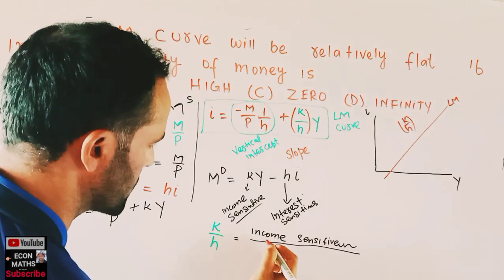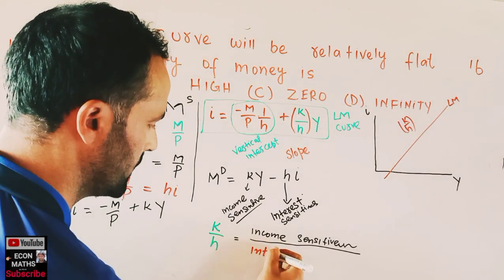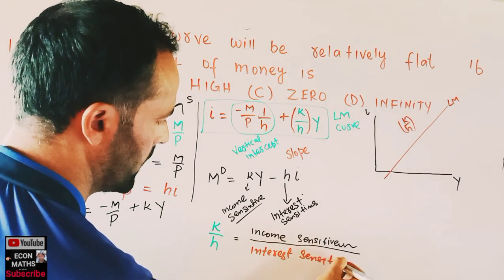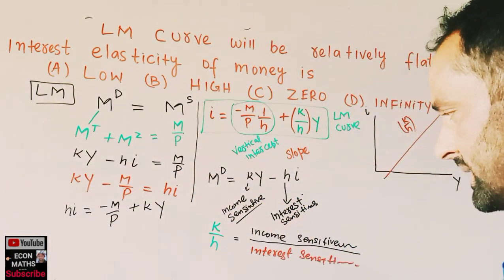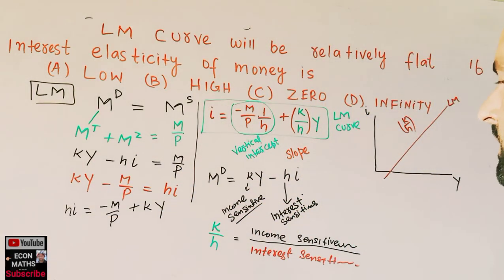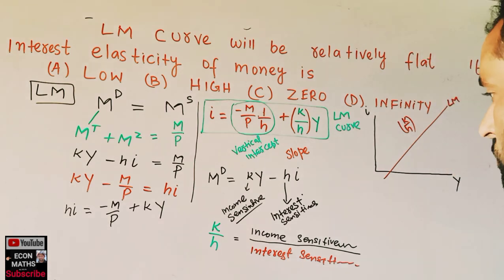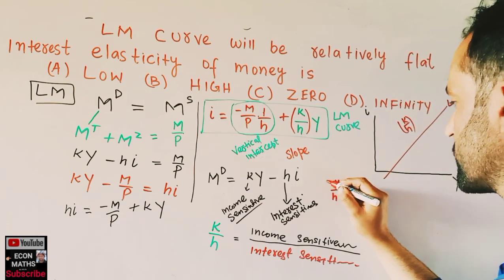And this h shows us the interest sensitiveness for demand for money. Now here you can see, and if you visualize it, k upon h is the slope.